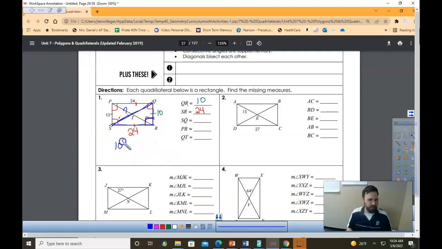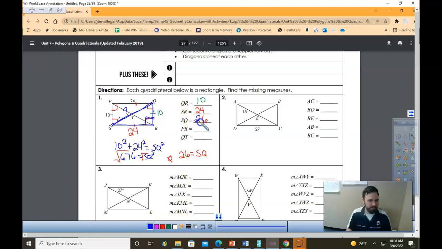So 10 squared plus 24 squared is going to equal SQ squared. When I do that, I get 676 equals SQ squared. Square root both sides, and I get SQ is 26.